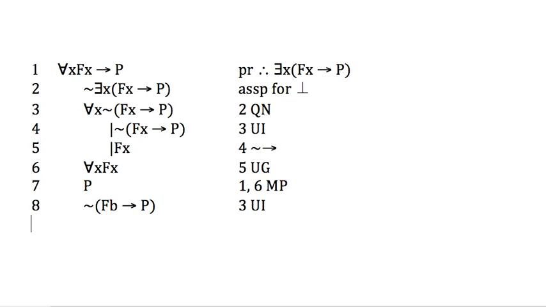So we don't have an almost contradiction. Rather, what we get on line 9 is not P itself, which gives us an outright contradiction in this case. From line 8, by not arrow, we get line 9, which contradicts line 7. There is our contradiction.